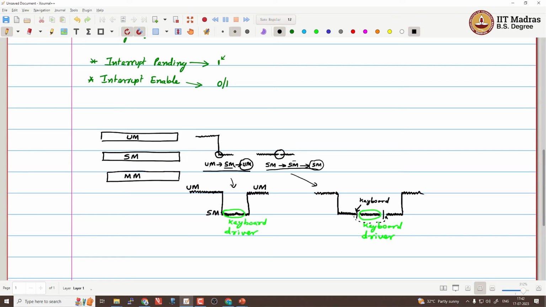Now to determine whether the CPU core should move to the user mode or remain in the supervisor mode is determined by the PP bit, or the previous mode bit.